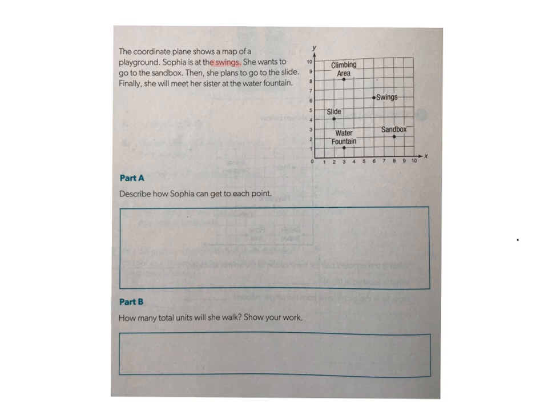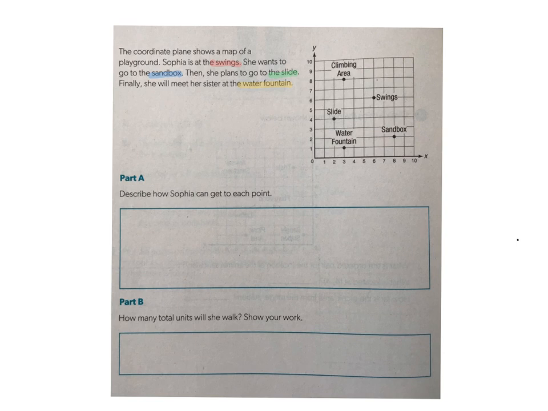She wants to go to the sandbox. That is also important. Then she plans to go to the slide. And finally, she will meet her sister at the water fountain. So I look at those four locations. Notice that the climbing area is not going to be used in this problem.